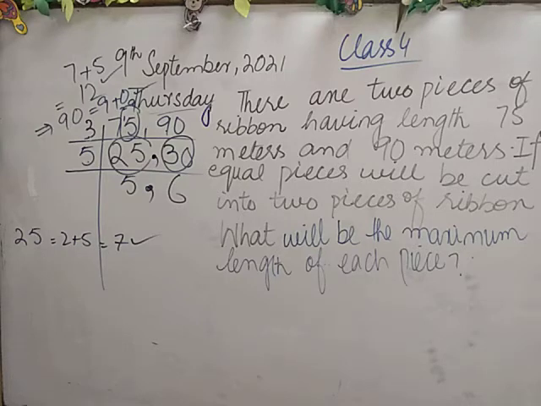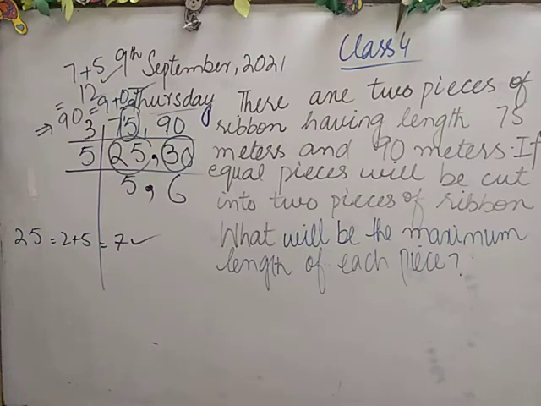Very good. We will stop here class. Now we will only multiply the numbers which are common. For HCF, you have to keep one thing in your mind. When you find HCF by division method, you just multiply the numbers which are common. Am I clear?